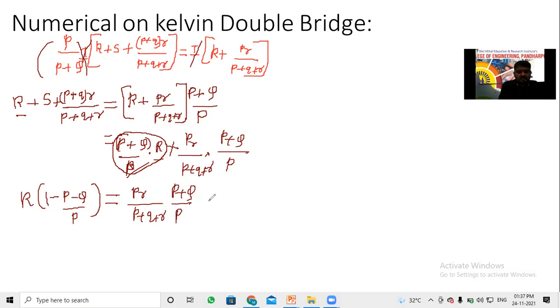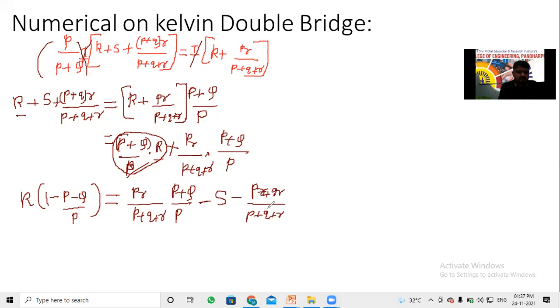When S is sent into RHS side, it will become minus S. So minus P plus Q. I will split this term also. P into R and Q into R we can write here, PR plus QR directly. So PR plus QR divided by P plus Q plus R. Yes.